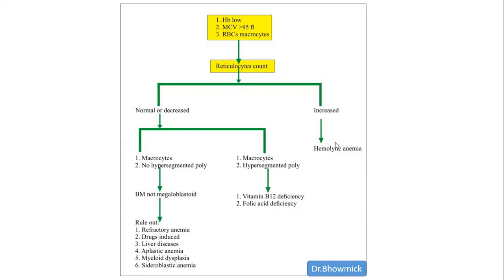Because when reticulocytes are produced but are broken down, the body sends a signal to the brain, and the brain produces more and more cells, but these cells easily break down, and the patient develops hemolytic anemia.